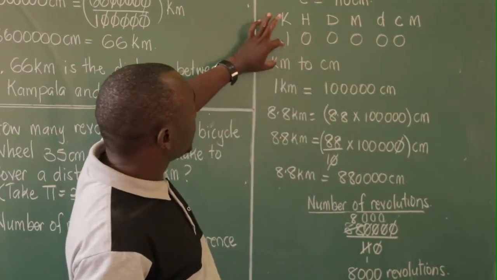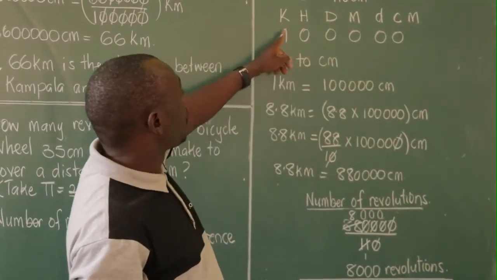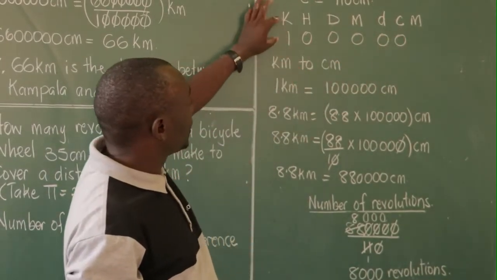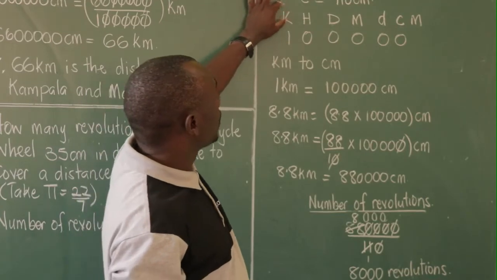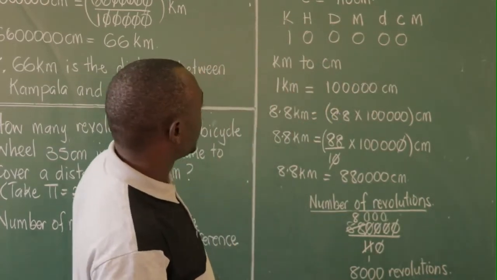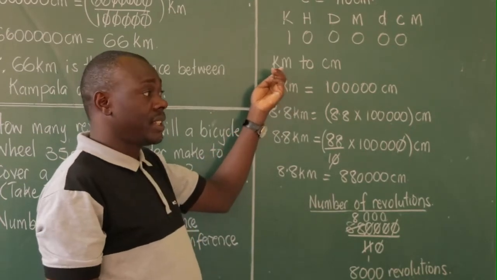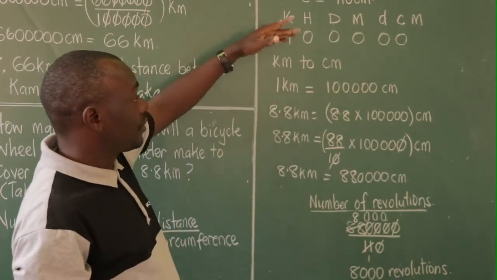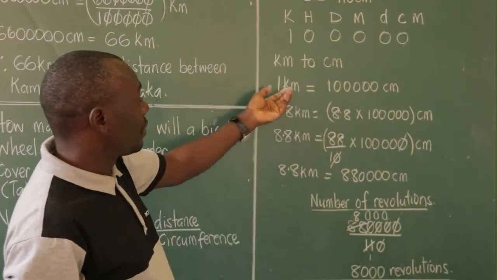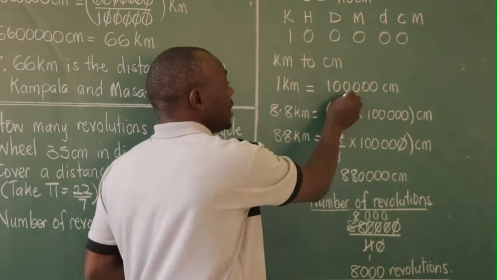So our concern are kilometers and centimeters. So write 1 at kilometer and write the zeros up to centimeters, thereby invoking a fact that 1 kilometer is equivalent to 100,000 centimeters. So it's easy here. You state easily from what you have invoked. You say kilometers to centimeters. As we have seen above, 1 kilometer is equal to 100,000 centimeters.